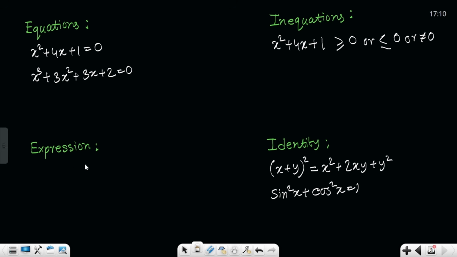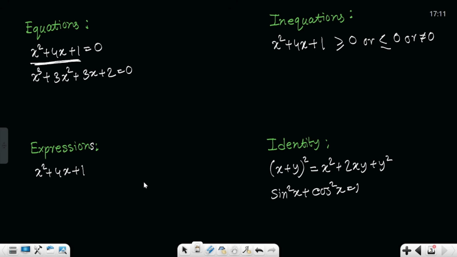Now let us go for expressions. What are expressions now? If we remove the equal to 0 part from equations, or the greater than, less than, or not equal to 0 part from inequations, what will we get? This part will be left here, right? x squared plus 4x plus 1 will only be left here. So this will be an expression.